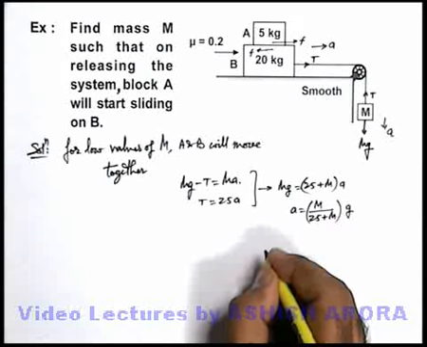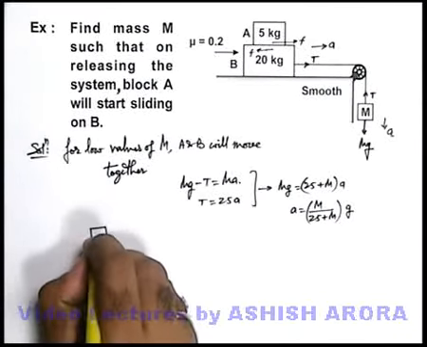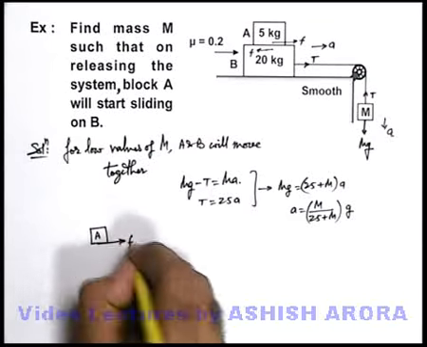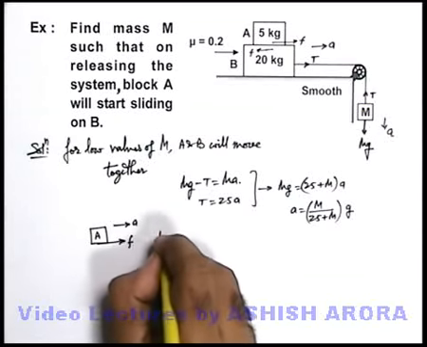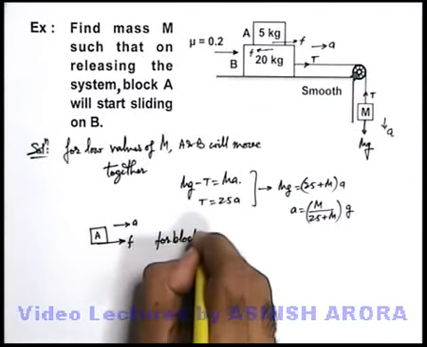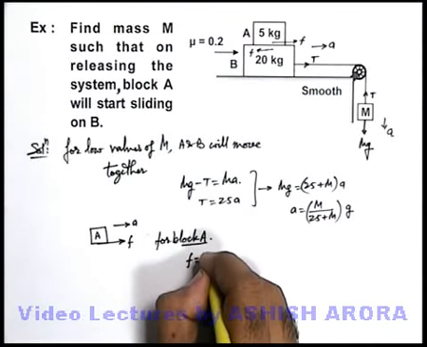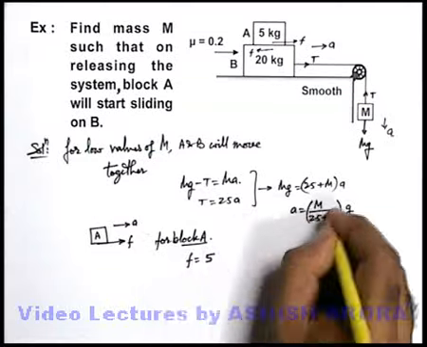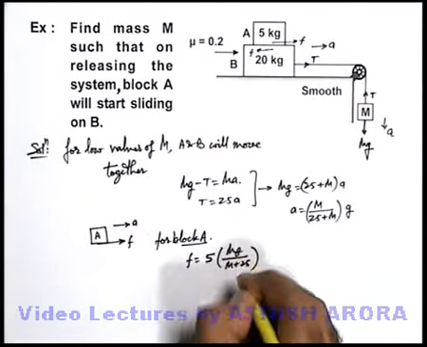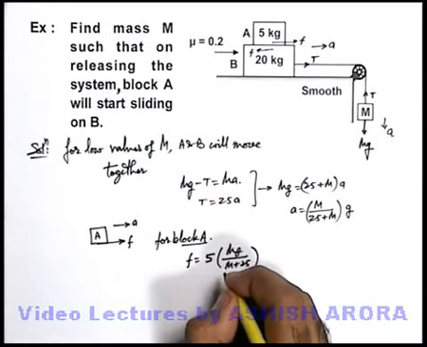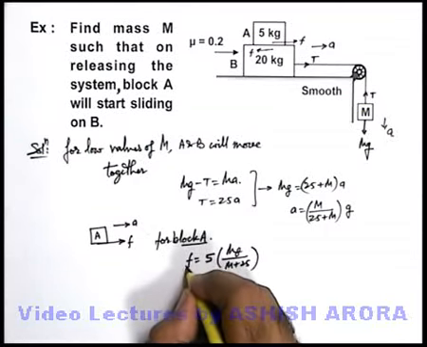Now if we draw the free body diagram of block A, the only force acting on it is friction, due to which it is also accelerating with a. So for block A, the equation of motion can be written as friction is equal to its mass 5 multiplied by acceleration, which is mg upon m plus 25. As the value of capital M increases, friction will also increase.